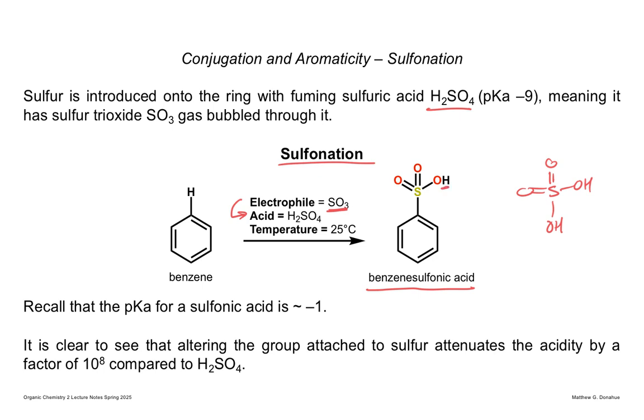So this H here has a pKa of -1. This H here has a pKa of -9. So you can see by substituting the OH for the benzene ring, you reduce the acidity by a factor of 10 to the 8, because that was a log scale.